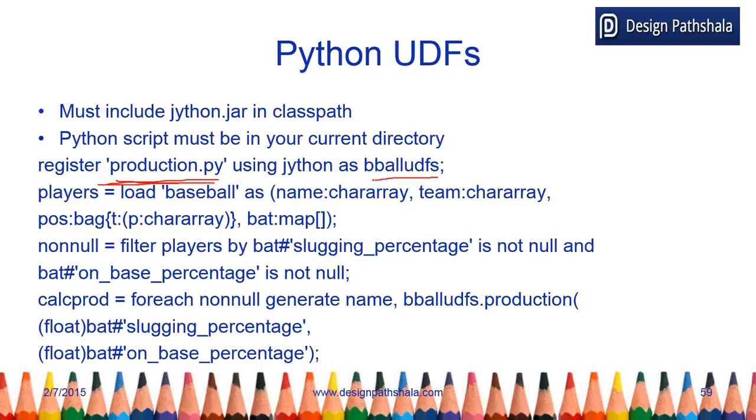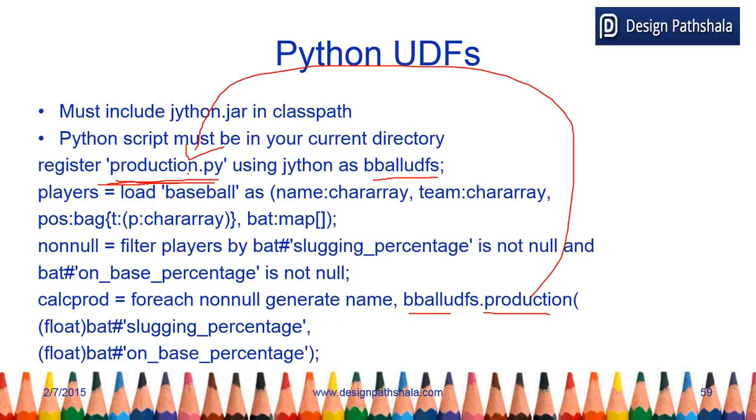And how I'm calling this is bball UDF dot function, that is a function defined in this script. So this script has this function. When I'm calling this, all I have to do is give the input parameters to the function, whatever the function is defined as in production.py, and the output will be given to your program. So this is how you can create UDFs in languages other than Java.